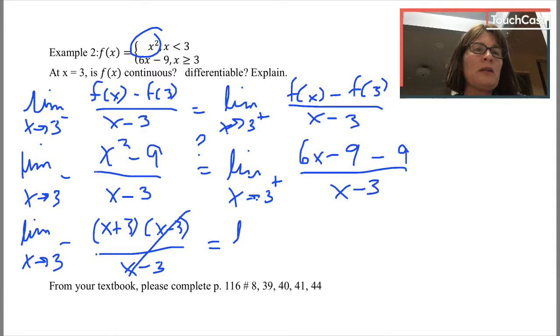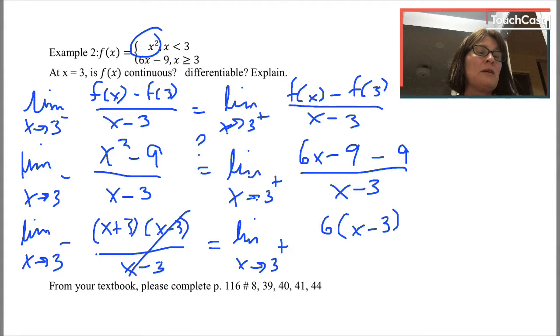I'm going to need that to be equal to the limit as x goes to 3 from the right. Well, 6x minus 9 minus 9 is 6x minus 18. I can factor a 6 out, x minus 3. That's going to cancel with the x minus 3 in the denominator.